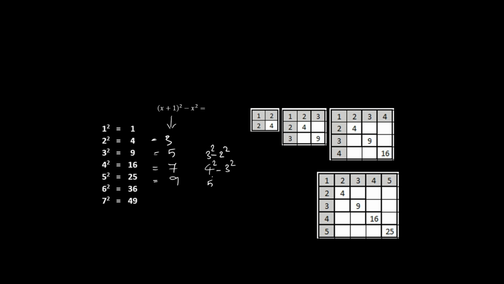So this is 5 square minus 4 square. And 6 square is 36, 36 minus 25 is 11. Okay, in the same way, 49 minus 36 is 13.